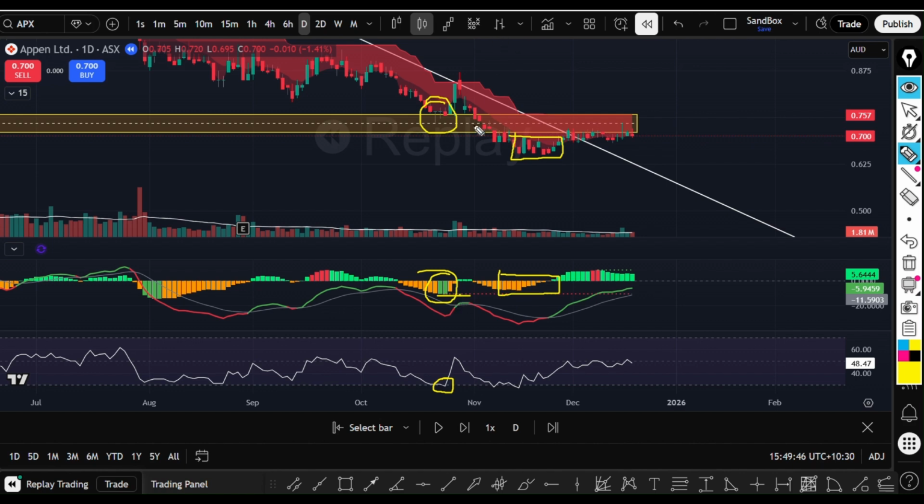So if I draw a trend line here, this trend line would be inching up, which is a positive divergence, as well as this low here. We can see a very good bullish hidden divergence here as well. One is taking this point as well as this point. So this is a divergence, and we could also see the rejection below the 30 and then it starts inching above that.